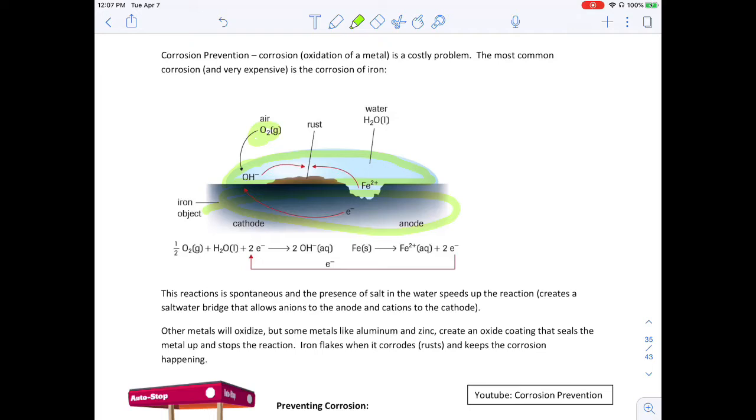The oxygen reacts to become hydroxides, and the iron is becoming iron 2, which gives off the electrons. So the water and oxygen produce hydroxides, and the iron becomes iron 2. And this creates a spontaneous reaction that is really problematic.